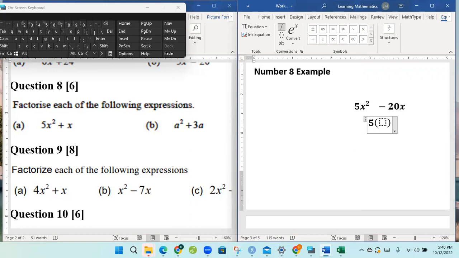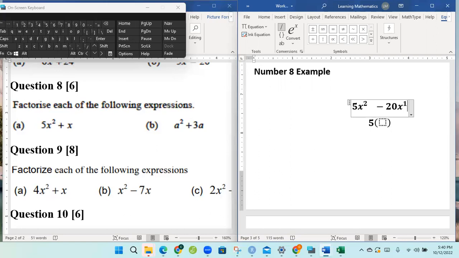Now you look at the letters to see if they are common. 5x squared has an x, minus 20x has an x. You're repeating x twice, so x is common. Now with the common letter, you have to look for the one with the lowest power. It is the highest common factor. The letter with the lowest power is the common factor.